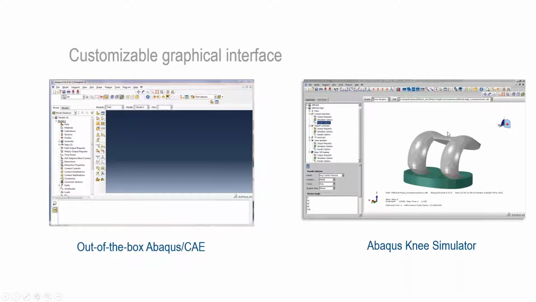We can make that fairly complex simulation process available to a wider audience by creating a customized GUI for that, so that the user can focus on the necessary input and automatically create, run, and post-process the results.